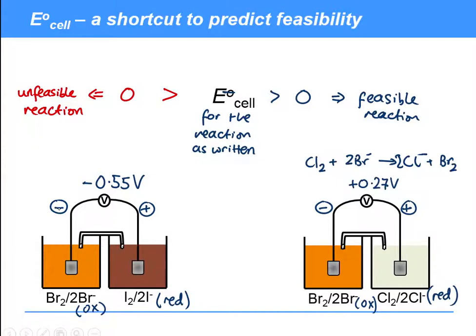Actually, it should be the negative electrode. But if it's the negative electrode, that means that oxidation will happen. So we would get the equilibrium shifting towards the left and more iodine being produced. The upshot is when we calculate E cell for the expected reaction, we get a negative value. All that means is that our positive and negative are the wrong way around, and therefore the reaction we want is not going to happen. In fact, the reverse reaction would happen.